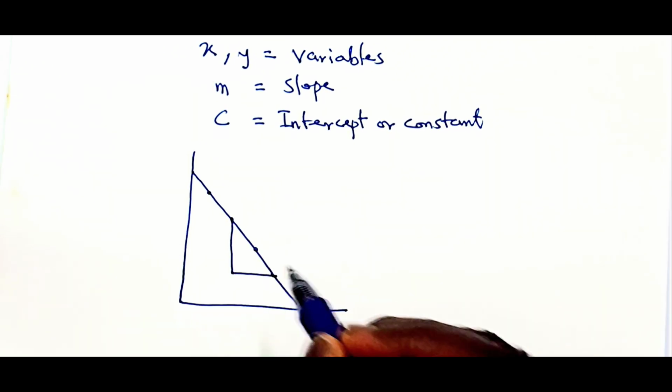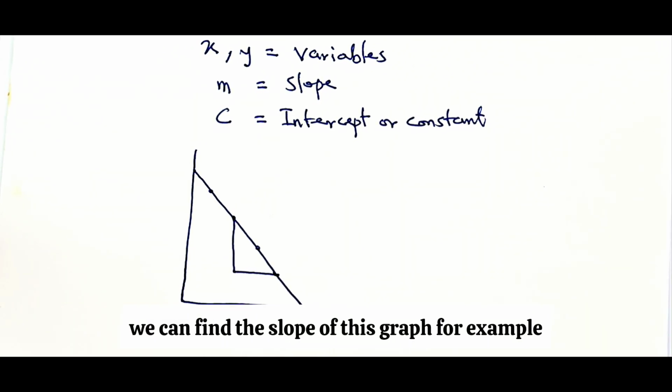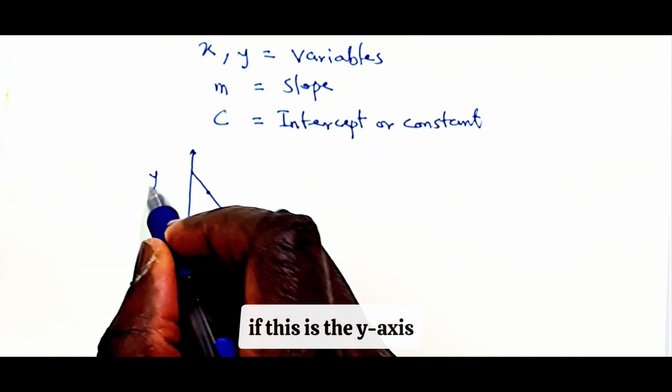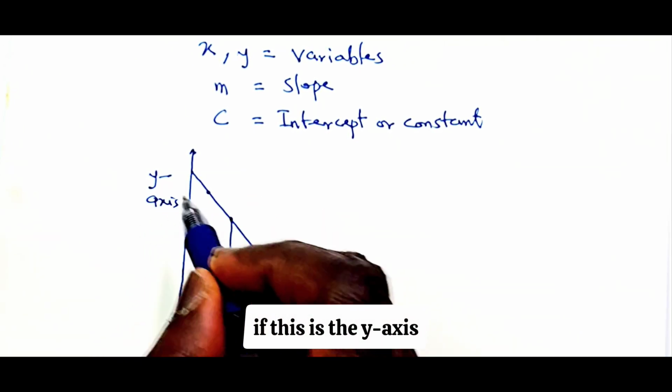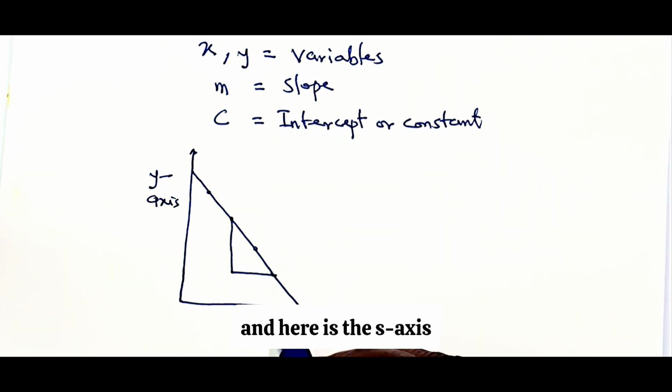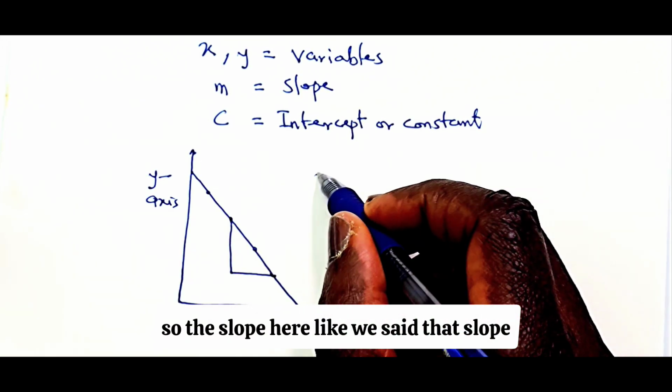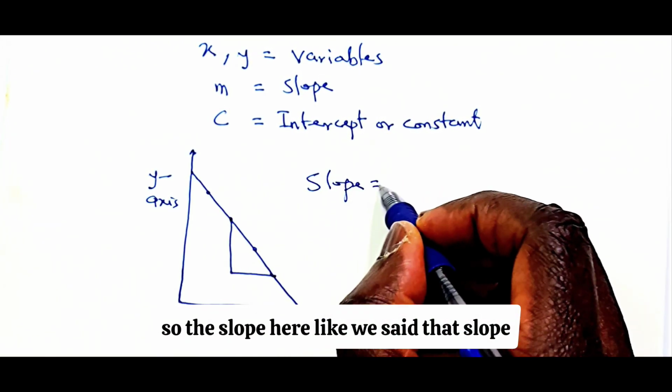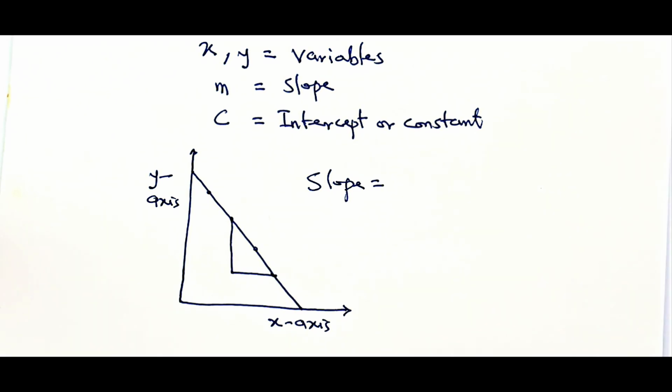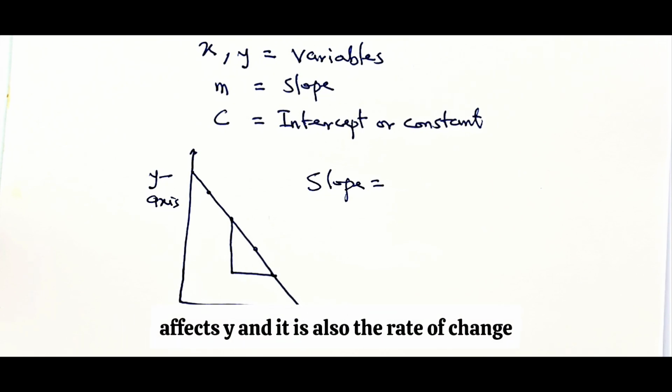For example, if this is the y-axis and here is the x-axis. So the slope, like we said, tells us how much x affects y, and it is also the rate of change.